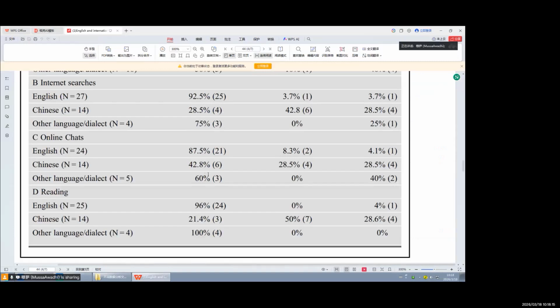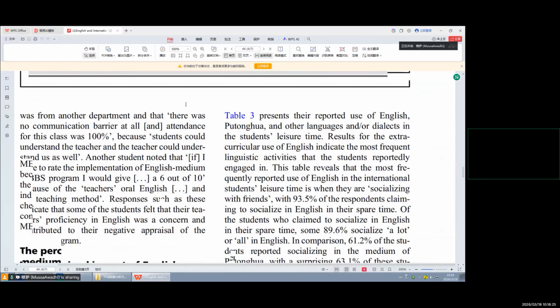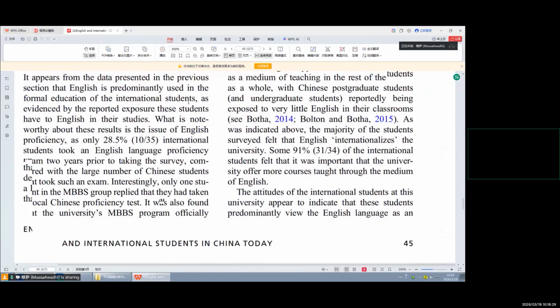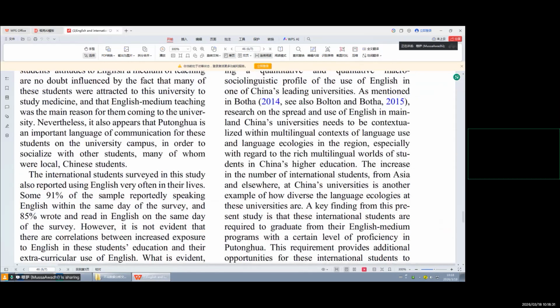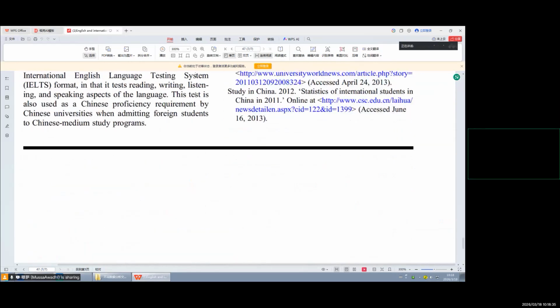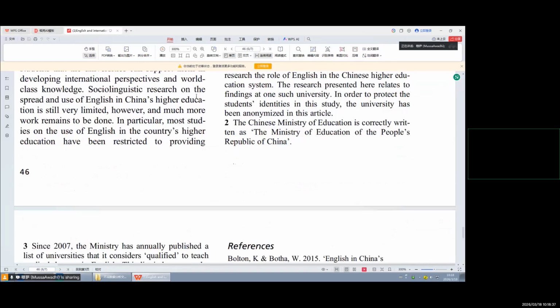There is no significance. There are only numbers. But anyway, this is one type of quantitative article.